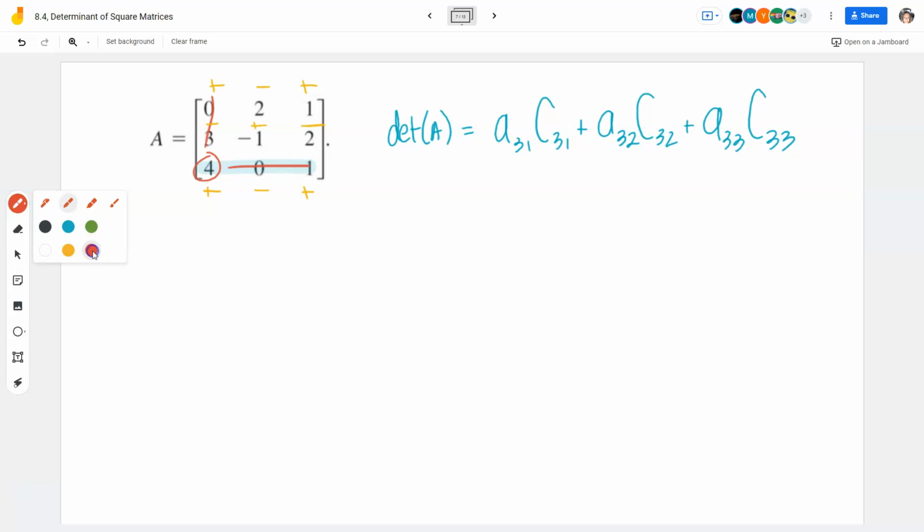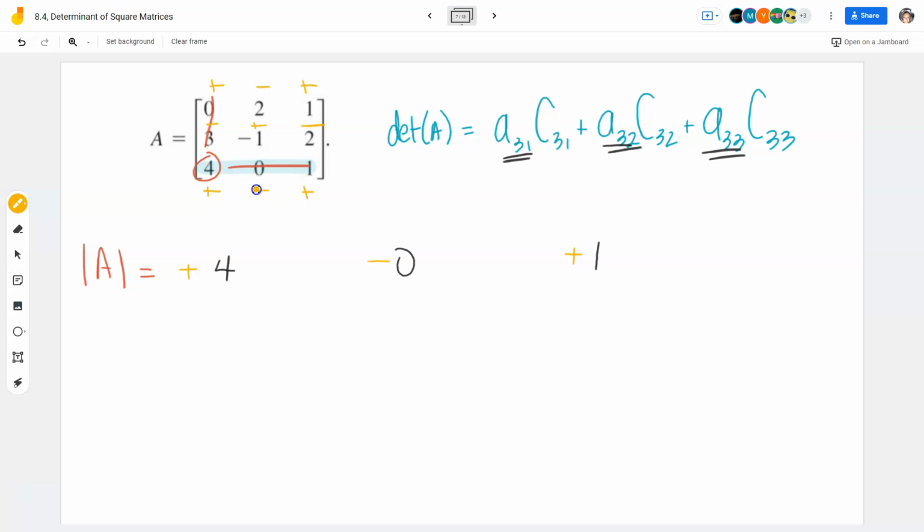So when I go ahead to solve for my determinant of A, the 3 by 3, I'm going to use my 4, I'm going to use my 0, I'm going to use my 1, and those are my entries of the third row. Does that make sense? My cofactor says multiply by a positive, multiply by a negative, multiply by a positive.